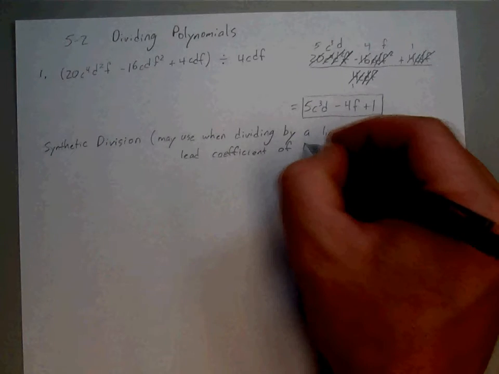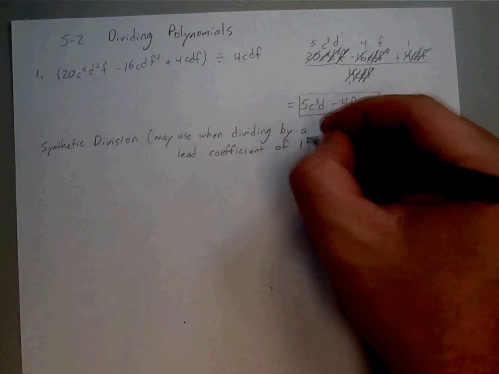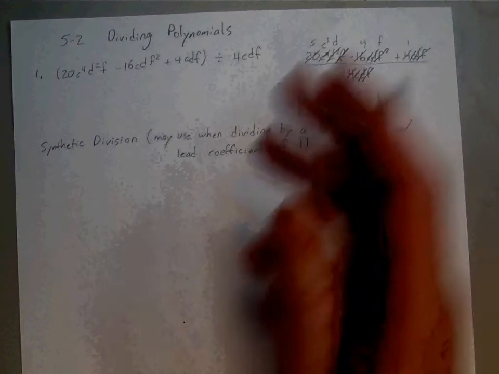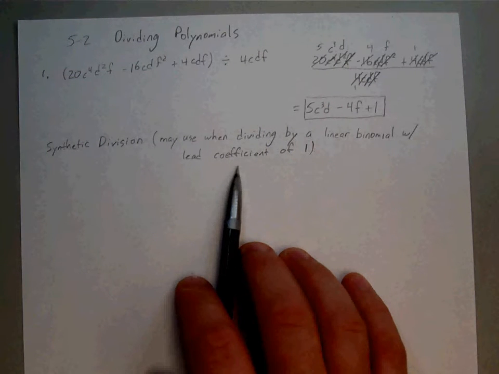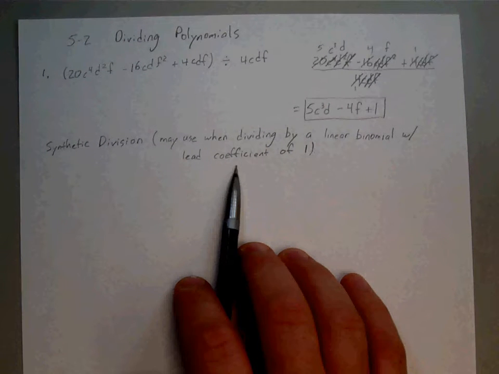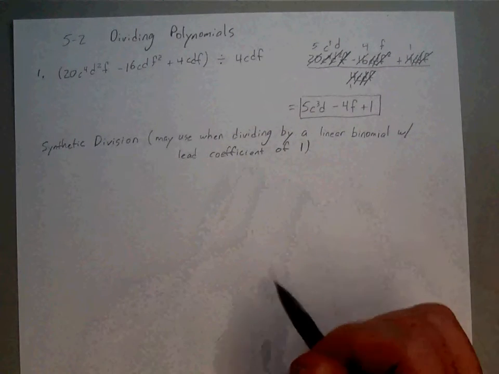Seems like a lot of rules. It's actually not exactly true that this is the only time we can do it. The book talks about using lead coefficients other than 1, but it's my opinion that it's easier to just do long division like we did last time instead of using synthetic division in those cases.